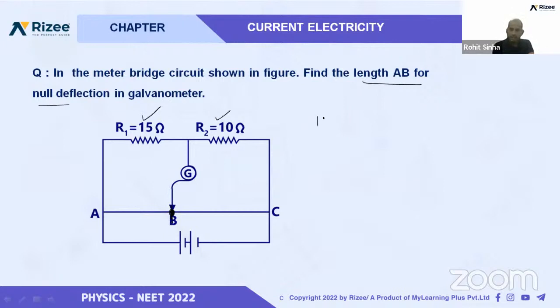We can write 15/10 is equal to x by 100 minus x, where we assume this value as x. Solve it and you will get the value of x, and x will be your answer. Very simple question.